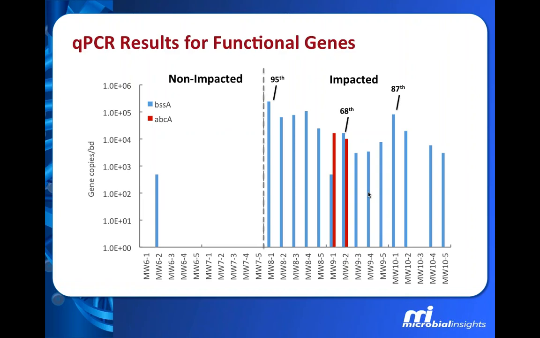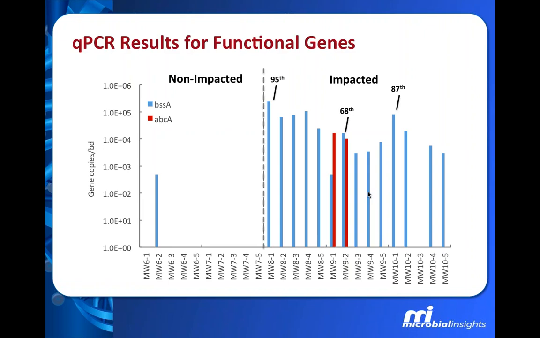We can see that BSSA was above detection limit in only one background sample at one time point. The rest were non-detect. In the dissolved plume, however, we have the opposite story, where BSSA was detected in high concentrations in all but one time point.